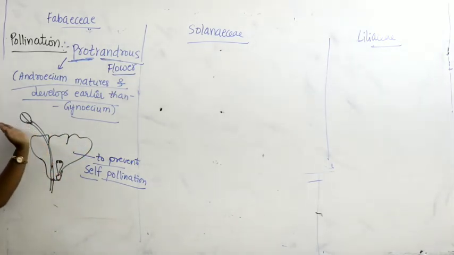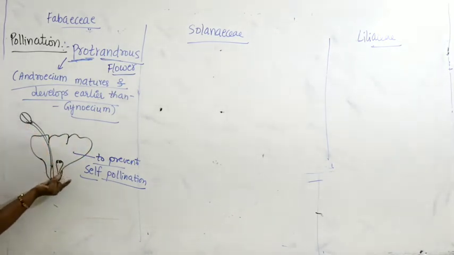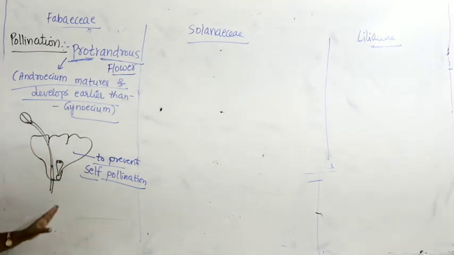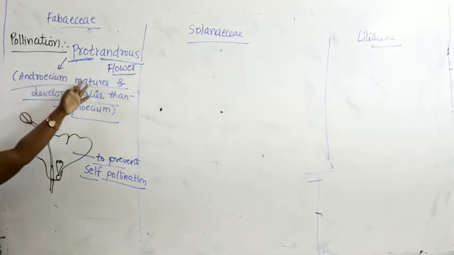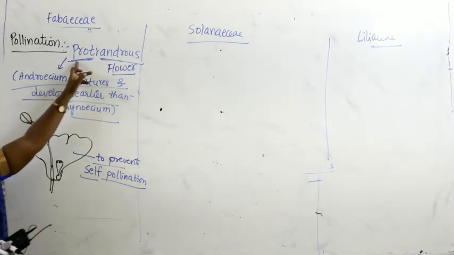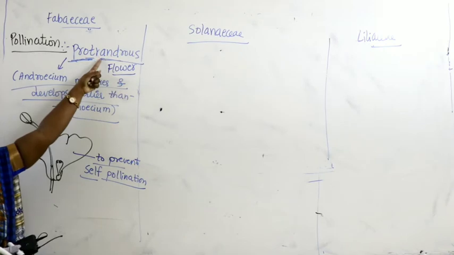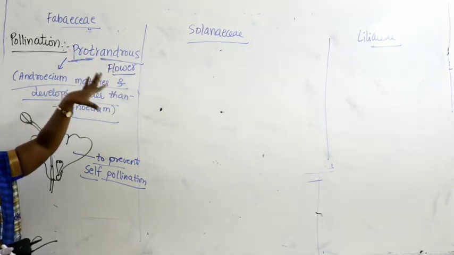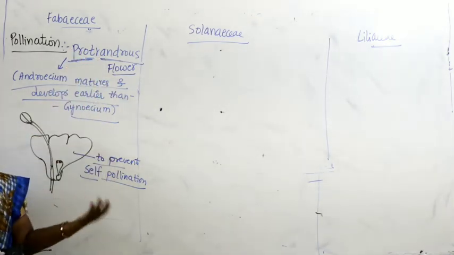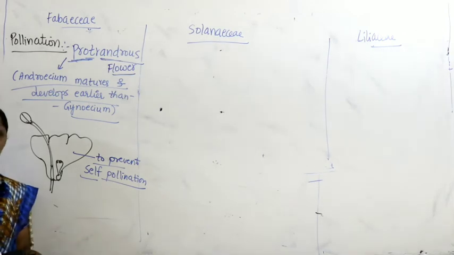Androecium is completely developed but gynoecium is still in bud condition, so there is no possibility of self-pollination. To prevent self-pollination, in Fabaceae members we can see formation of protandrous flower. Androecium develops first than gynoecium, because here in Fabaceae it is a bisexual flower.